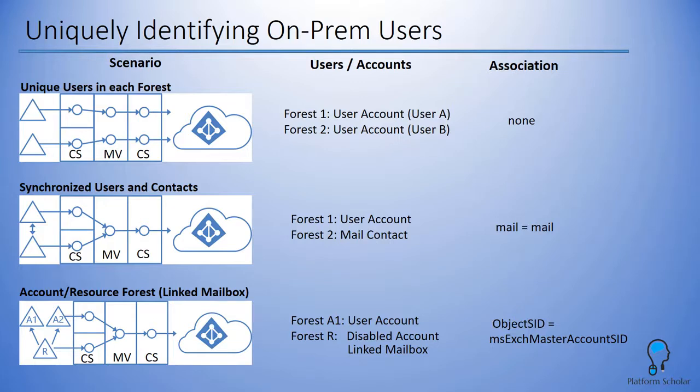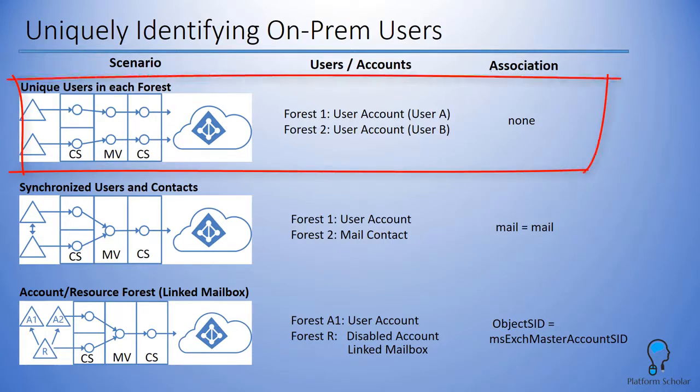So when the sync server attempts to update or copy values from the incoming connector spaces to that single user object in the metaverse, it needs a way to associate these on-premise identities together, and it does so using attribute values. If all the users and contacts across all forests are unique, and there's no merging or syncing needed between identities, then there's no need to pick an attribute to uniquely identify these users.